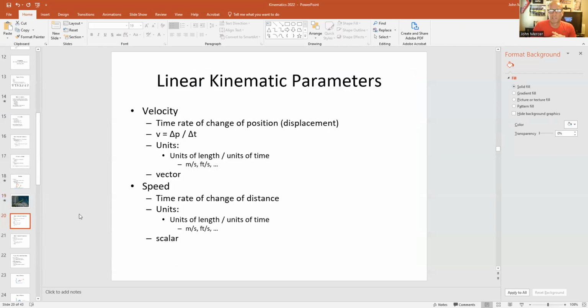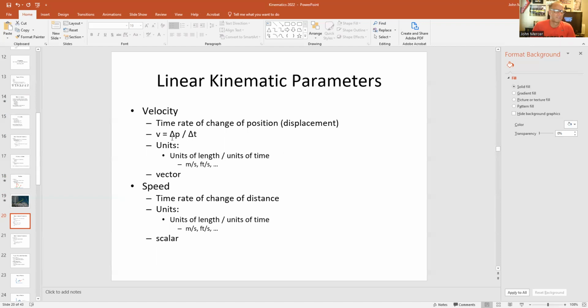So now some other kinematic parameters. Position is what I just went through. Now we've got velocity, and velocity tells us how fast we're changing position. So it's the time rate of change of position. Technically, it's the time rate of change of displacement. I'll often get lazy and say rate of change of position, but technically velocity is the rate of change of displacement.